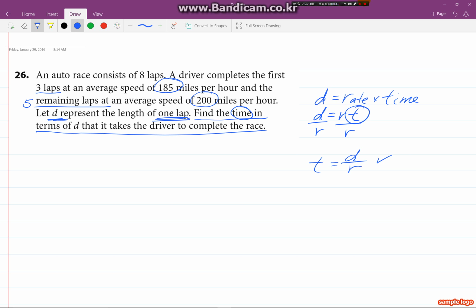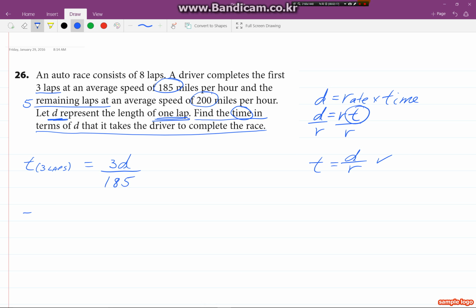Okay, so now we're going to use this formula, whereby T for the first 3 laps equals distance. Well, just 1D is the distance of 1 lap, so 3 laps will be 3D over the speed of 185 miles per hour.